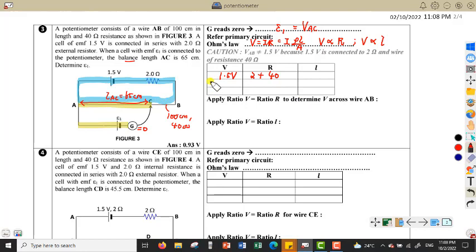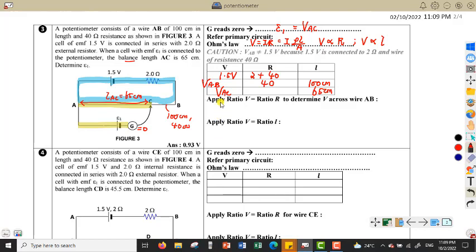So for the whole wire, VAB, the resistance of the whole wire is 40 ohm. The length of the wire is 100 cm. Then we move on, we focus only on the balance length. So we have VAC for the balance length. So the balance length is 65 cm.